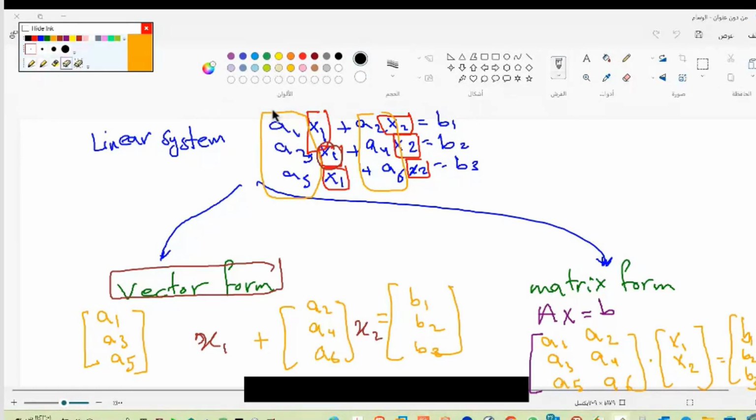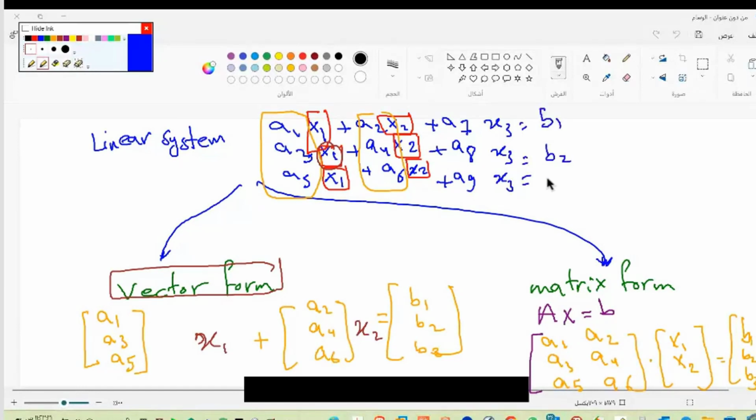Here we missed something. If we have three variables, let's make it like this: A1, A2, A3, A4, A5, A6, A7, A8, A9, multiplied by X1, X2, X3, equal B1, B2, B3. So here we can change also.